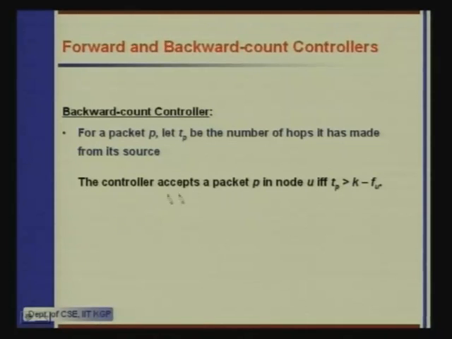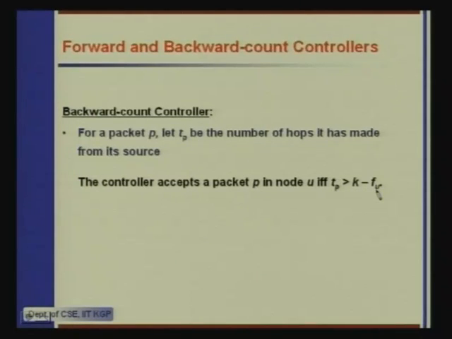and the controller accepts a packet P in node u if Tp is greater than k minus fu, and we assume that k, the length of the longest path in the routing graph, is known to all the nodes. A packet P is accepted in node u if and only if Tp is greater than k minus fu.